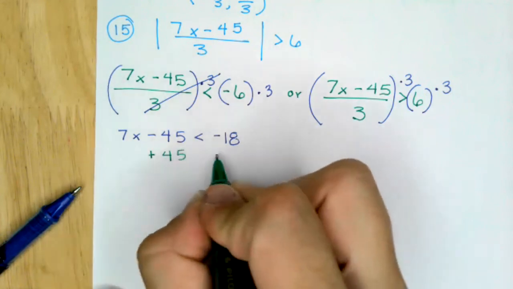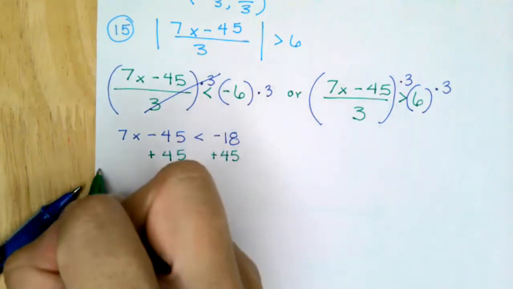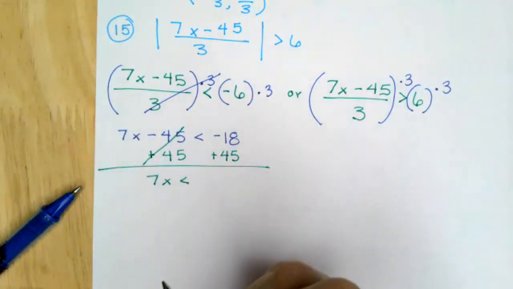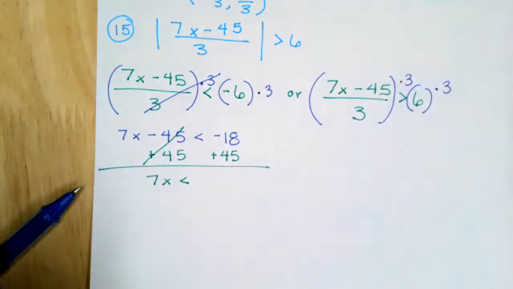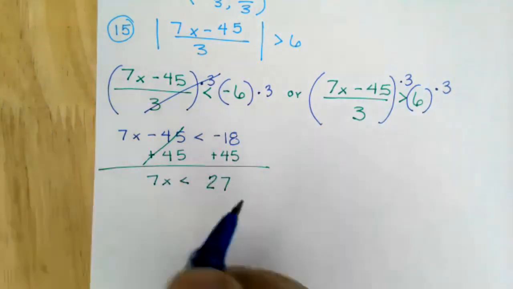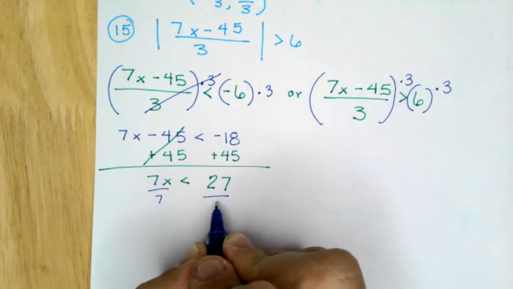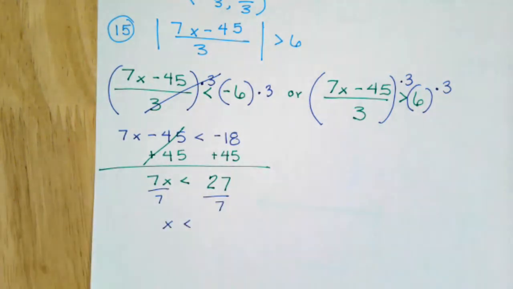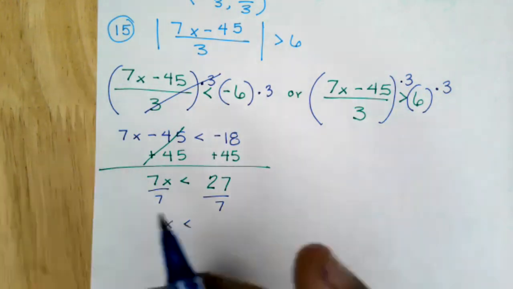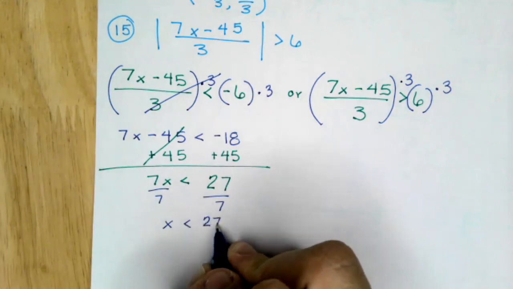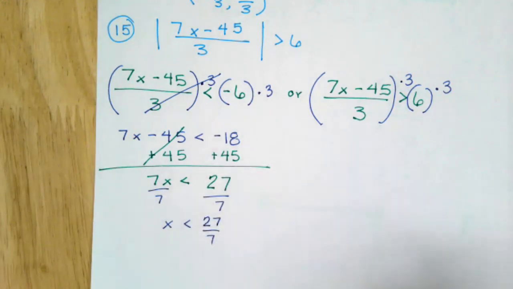Add 45, add 45. 7x is less than 45 minus 18, which is 27. Divide that by 7. x is less than 27 over 7, right? You can't really simplify it.